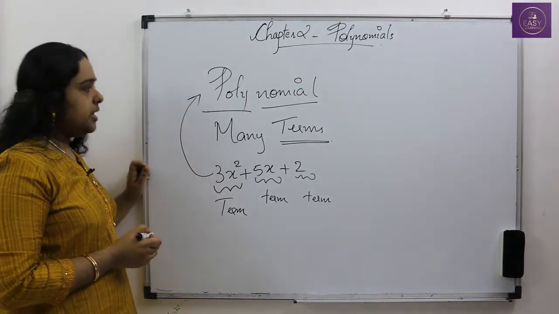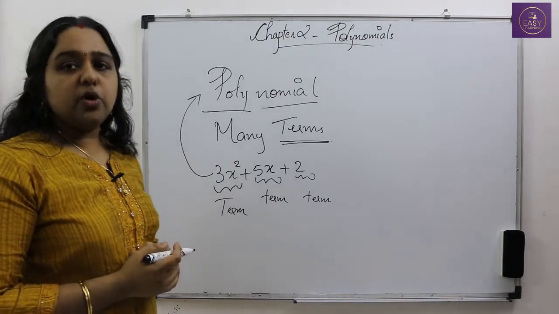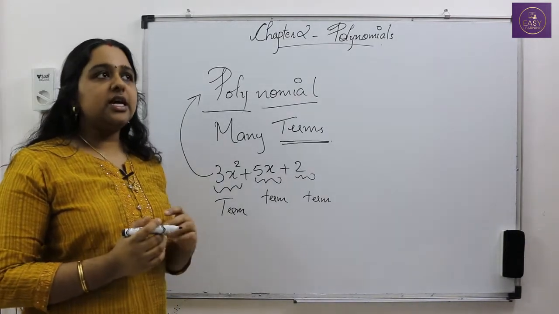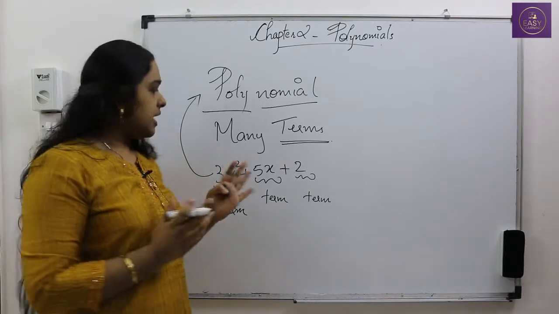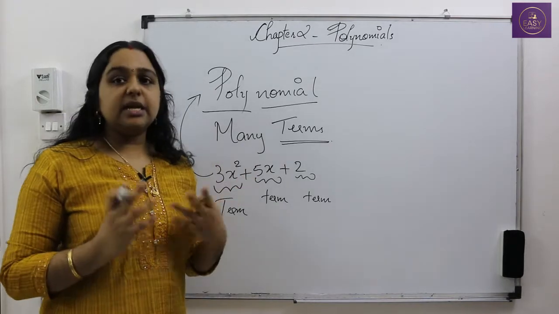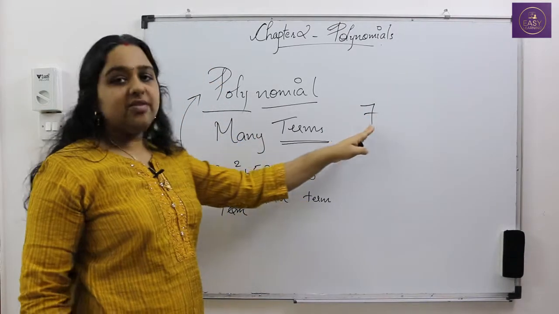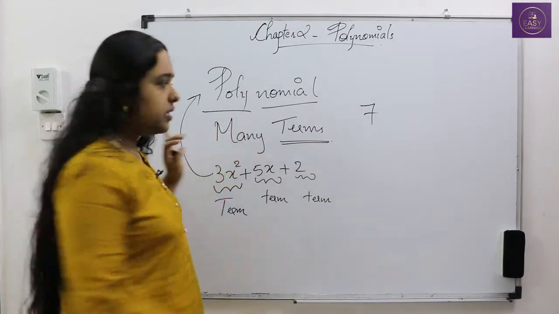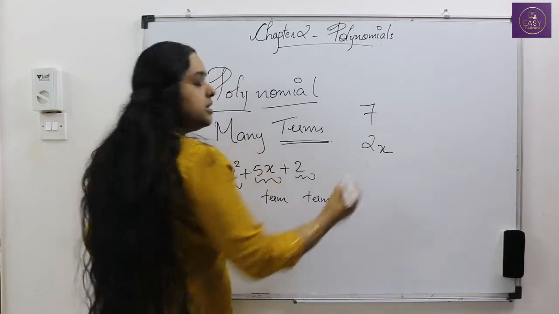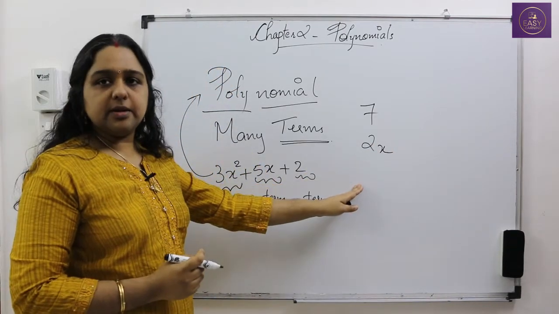Clear? There are many types of polynomials. Don't assume that polynomials must have many terms. If I write 7, 7 is also a polynomial. If I write 2x, 2x is another polynomial.